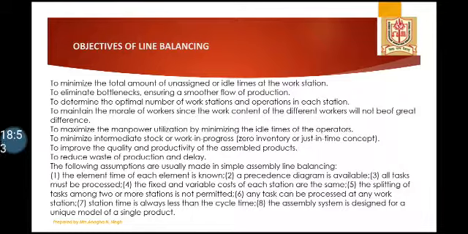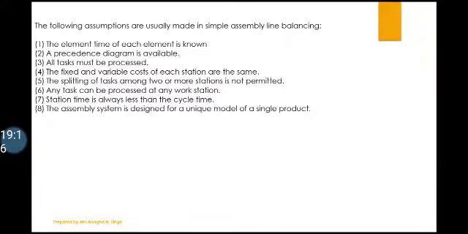Fifth, the splitting of task among two or more stations is not permitted. Sixth, any task can be processed at any workstation. Seventh, station time is always less than the cycle time. Eighth, the assembly system is designed for a unique model of a single product.